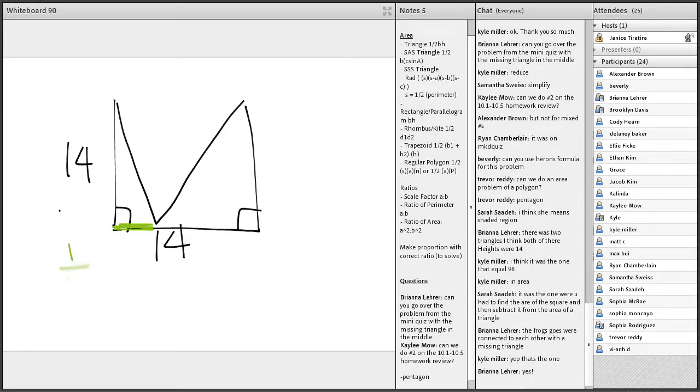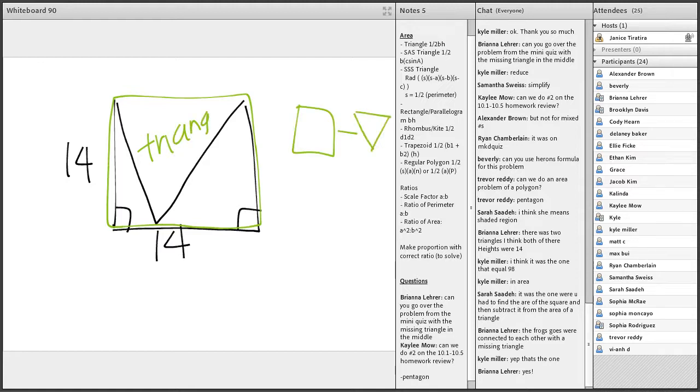So what you have to do is interpret this as the big square and then minus this triangle. So big square minus this upside down triangle will give you this shape, this leftover. That is what we will have to do.